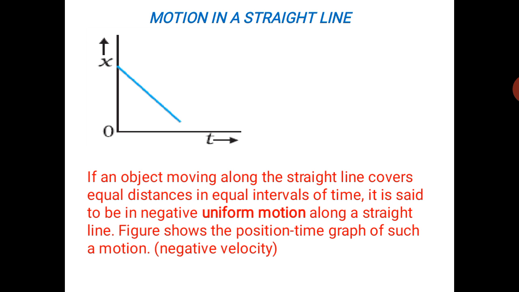But the motion is uniform, remember, because if the x-t graph is a straight line, the motion is uniform. But here the slope is negative. So this uniform motion has negative velocity. We can say it is negative velocity. Cleared? Okay.